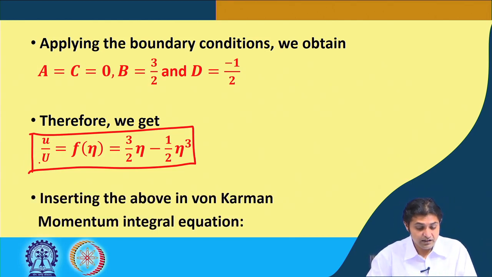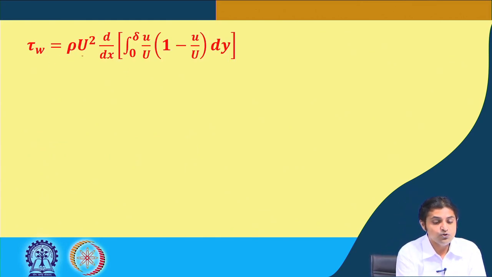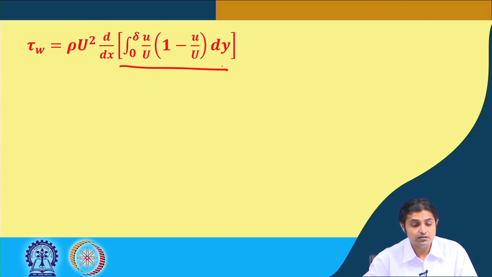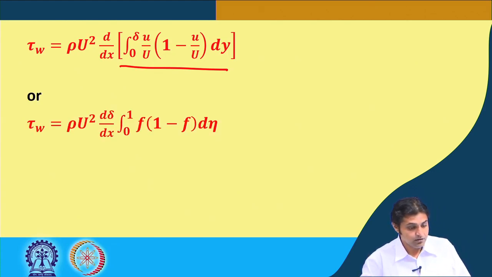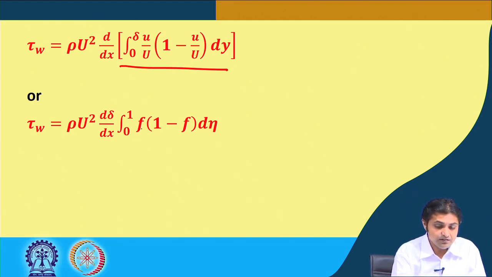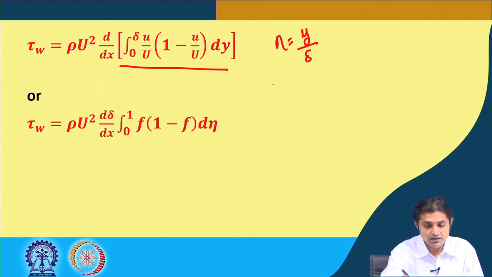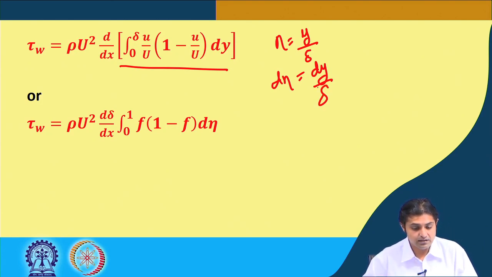Now, if we insert the above in the von Karman momentum integral equation, what do we get? So, tau w is written as rho U square d dx of the momentum thickness theta, or in other words, you see this is f into 1 minus f d eta, because eta is equal to y by delta, so d eta is equal to dy by delta.